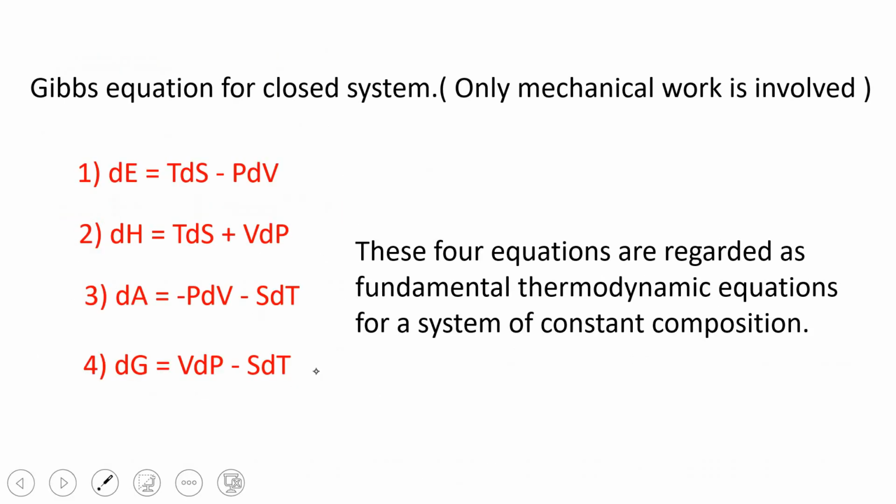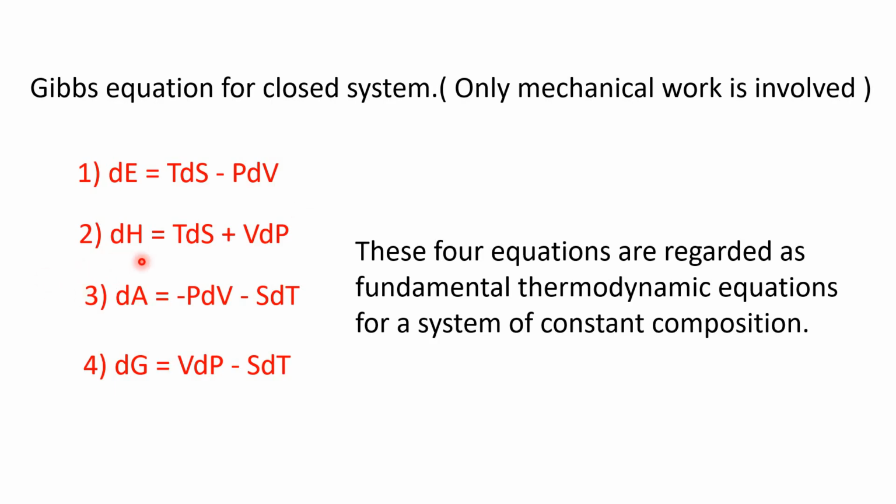Now, the Gibbs equations for the closed system where only mechanical work is involved, I have derived in my earlier video. I'll give the link in the description box. So what are these Gibbs equations? Number 1, change in internal energy dU is equal to TdS minus PdV.